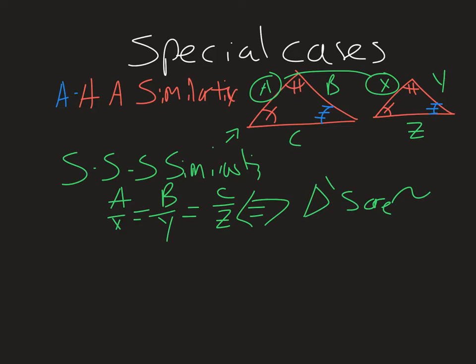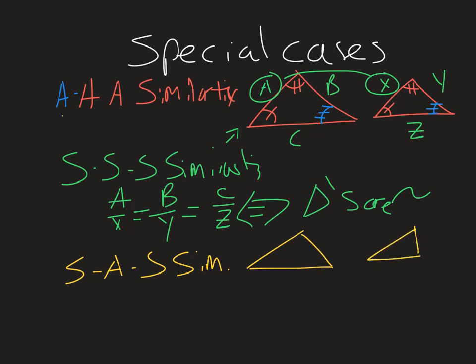And then there's one more special case called side-angle-side similarity. I'll draw a separate case just to iterate the point. It's a combination of the two top ones. If we know one angle is congruent, and we also know that these side lengths are proportional, let's say I have 5 and 10 on the left triangle, and I know this one is half the size, so we're looking at 2.5 and 5.